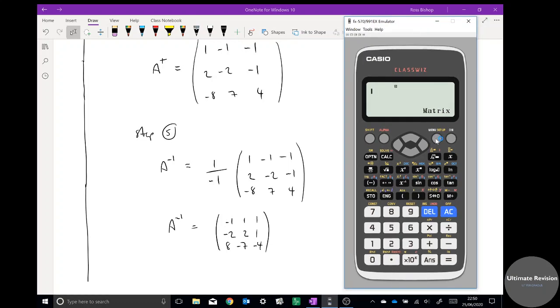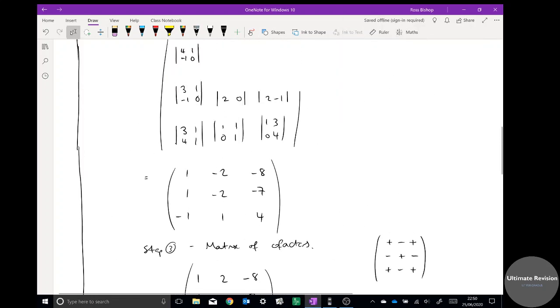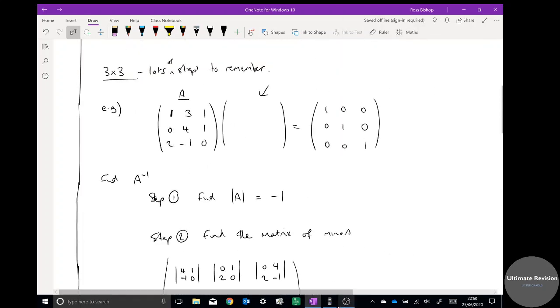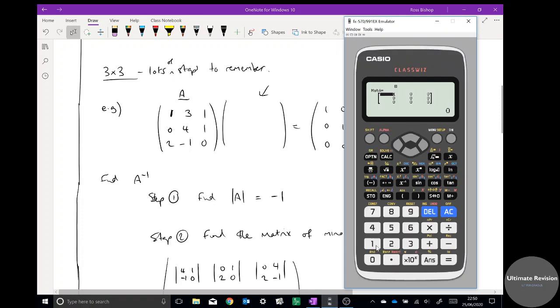Okay, but luckily, you can also do this on your calculator. The reason why you need to be able to do it longhand is because they'll often do it in algebra, which you can't use on your calculator. So you can do a 3 by 3. Let's type in the original matrix. That one. It was 1, 3, 1, 0.